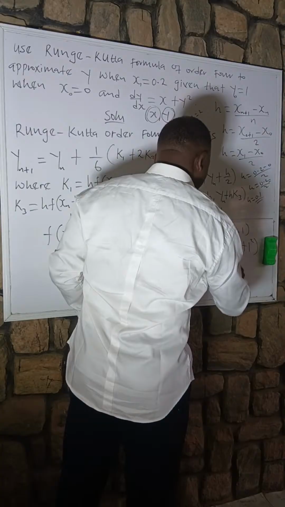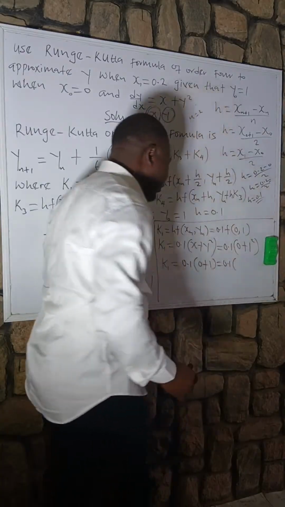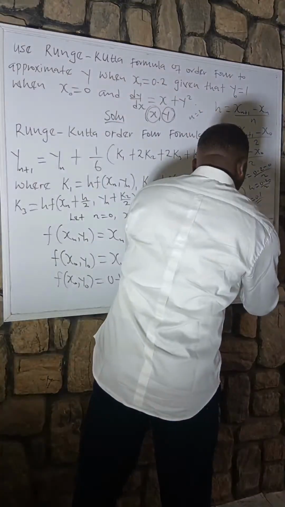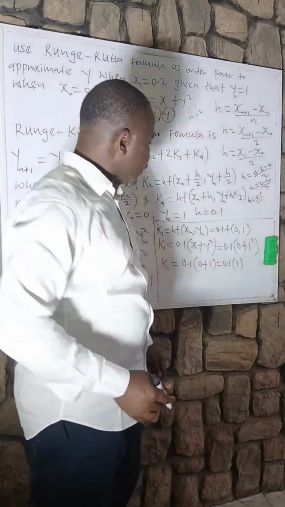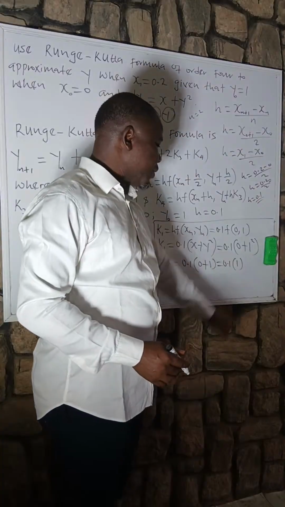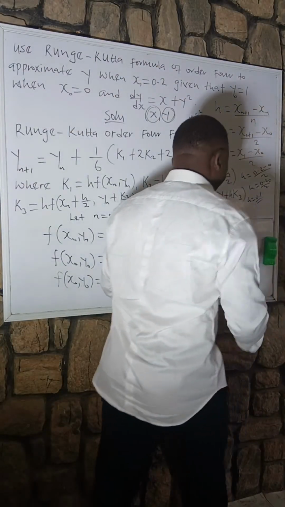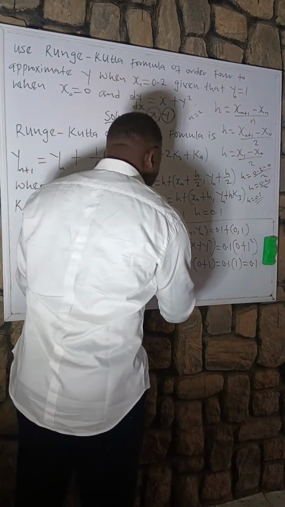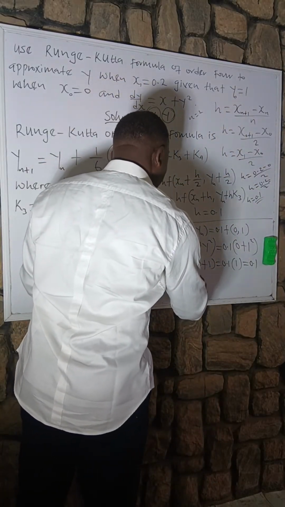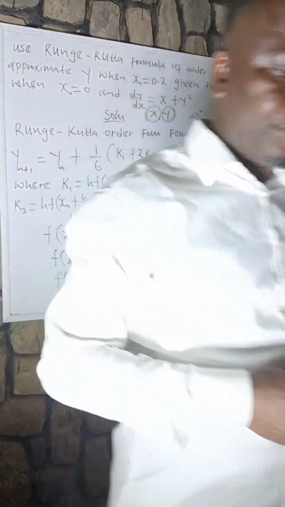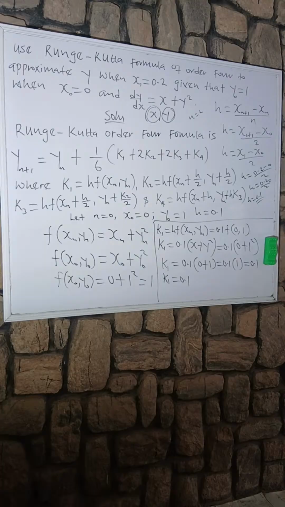So this is equal to 0.1, 0 plus 1 is 1. So 0.1 times 1, we are going to have 0.1. So our k1 is equal to 0.1. Any question, please ask.